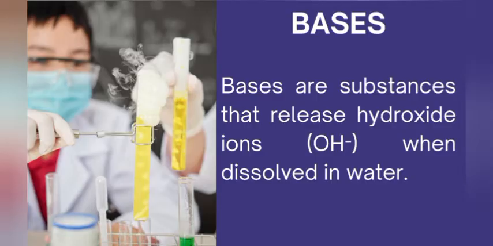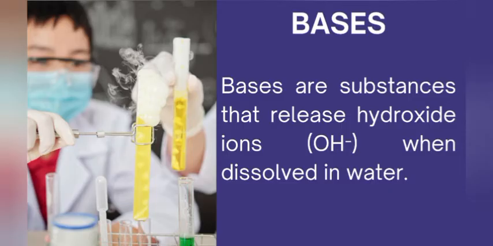Where acid is producing hydrogen ion as the positive ion in water, bases are producing hydroxide ions, that's OH minus, as their negative ion in water. So any substance that you dissolve in water and releases hydroxide ion is referred to as a base.